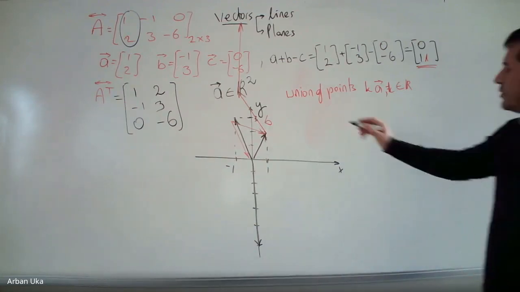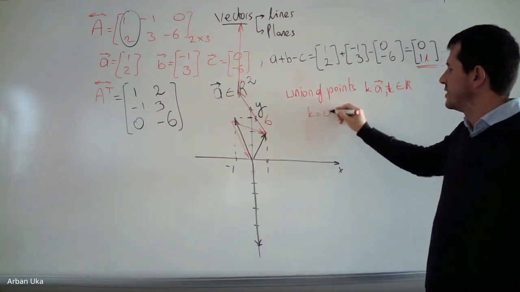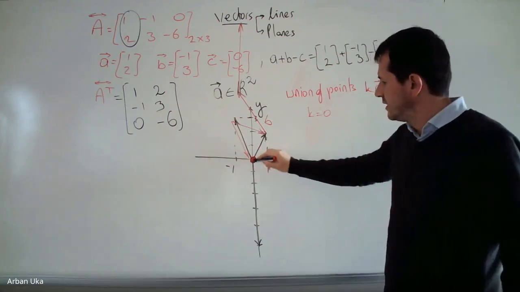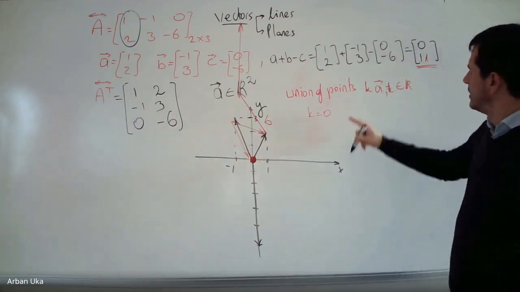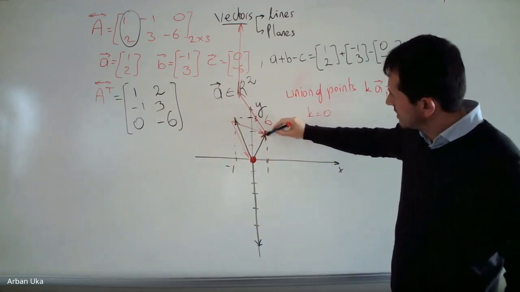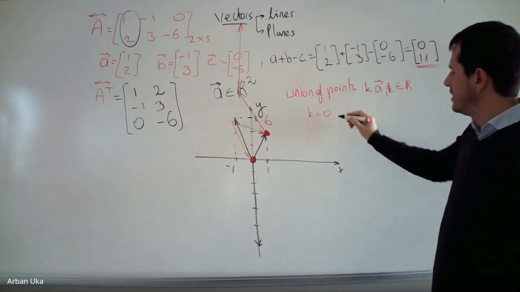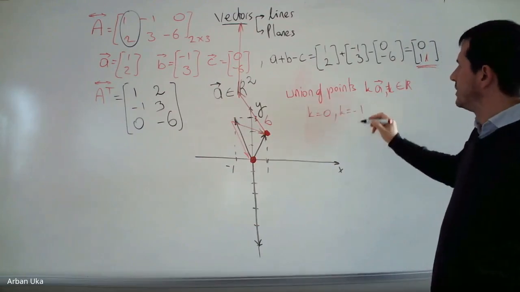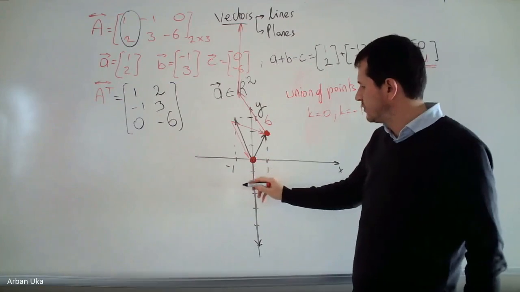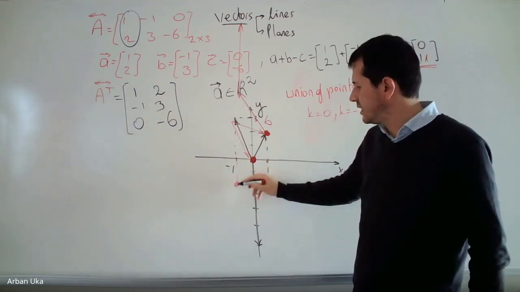We can assume the following: k can be equal to 0. If k is equal to 0, we get this point here, okay? If k is equal to 1, we get this point, which is 1, 2. So we get somewhere here. If k is equal to minus 1, what do we get here? We get minus 1, minus 2. So we're going to get some point down here.